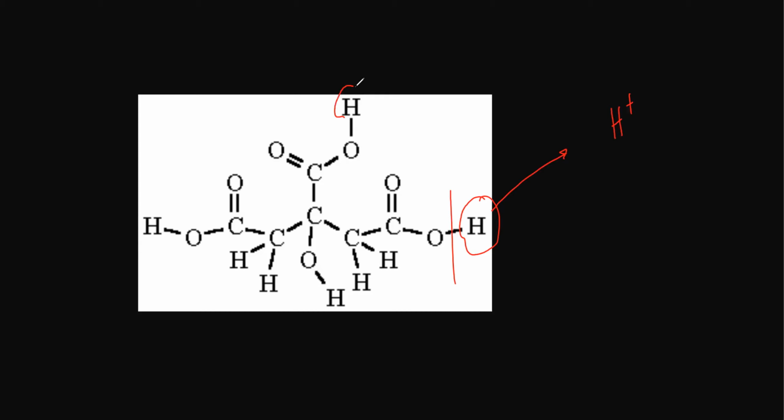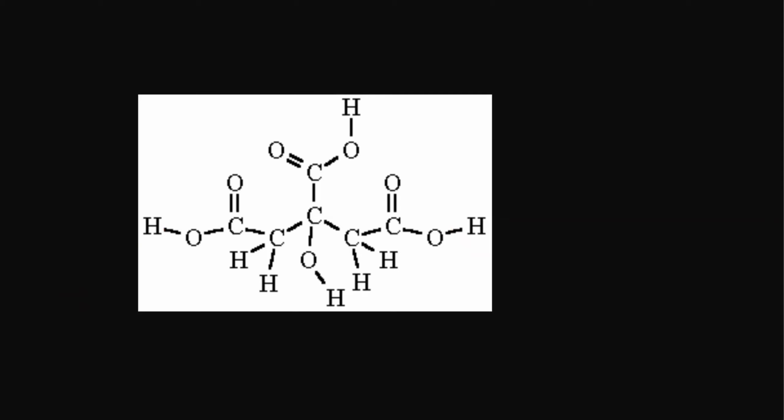Even this H would also leave. So I'm just giving you an idea of what a citric acid molecule is. You don't have to remember this, but it gives you the concept of what an acid is. An acid could be any molecule that's capable of releasing H+ ions. Is this clear? Yes, sir.